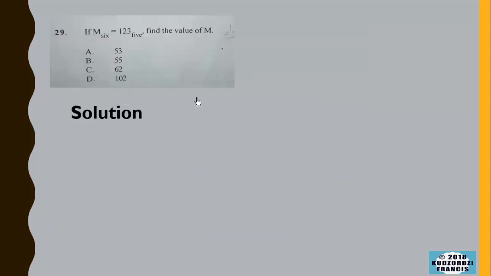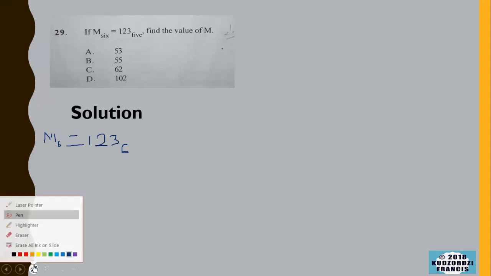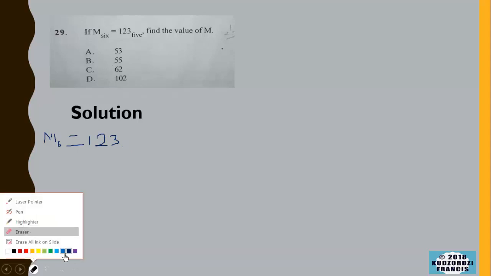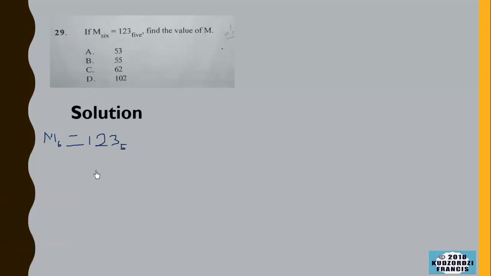Now we have this and we want to find m in base 6. So m base 6 is equal to 1, 2, 3 base 5. So what we do is to convert 1, 2, 3 base 5 to base 10, then convert it back to base 6. So converting from base 5 to base 10, we have something like this. We get 25 plus 10 plus 3. So this gives us 38.